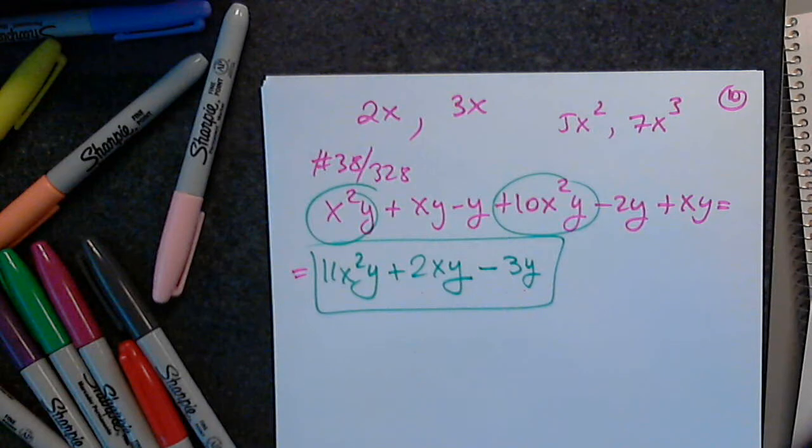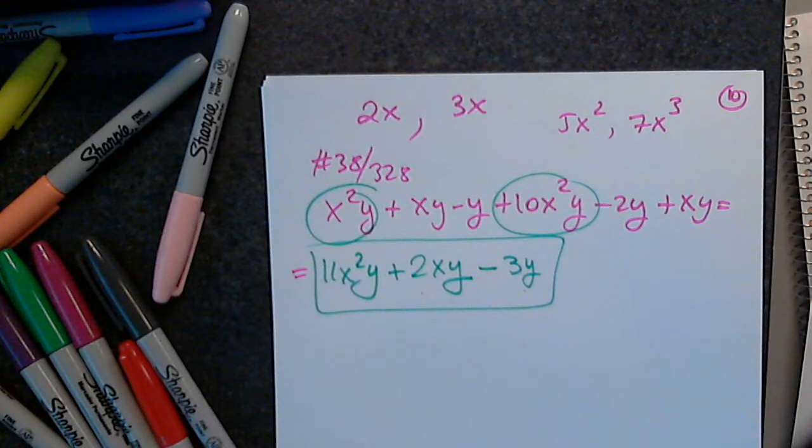Now I'm going to ask you, after we completely simplify it, what type of polynomial is this? Trinomial indeed. What is its degree? Let me check. What is the degree of this? I think it's 3. The power of x is 2, the power of y is 1.